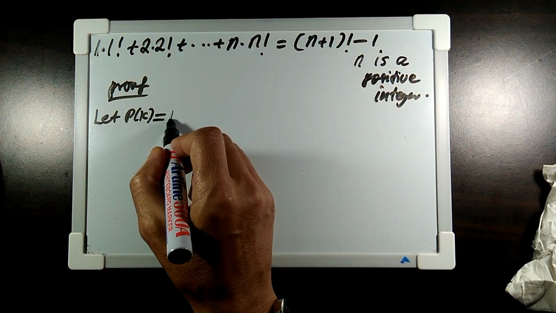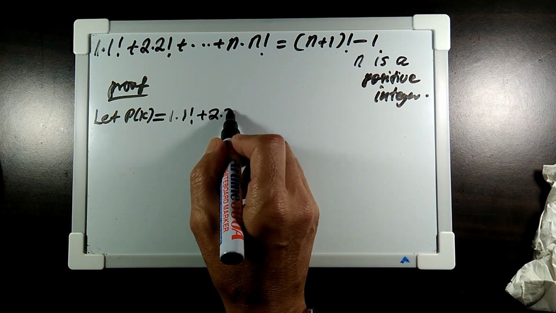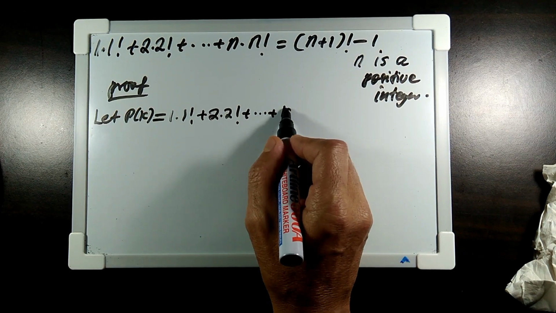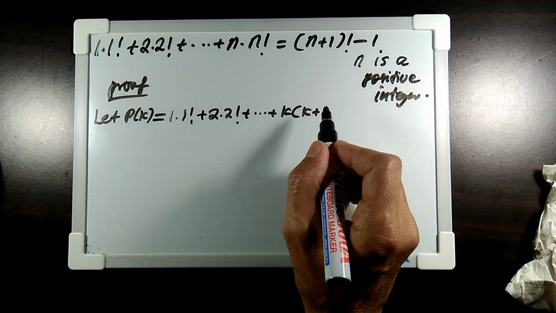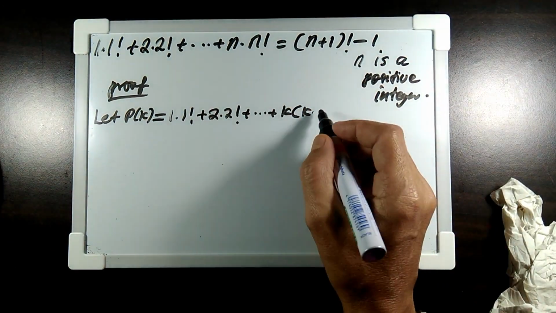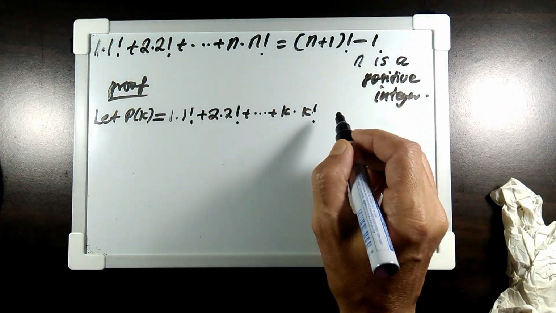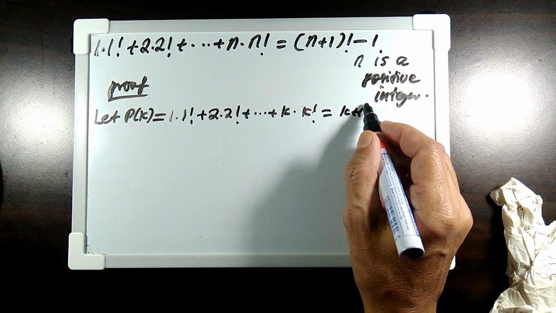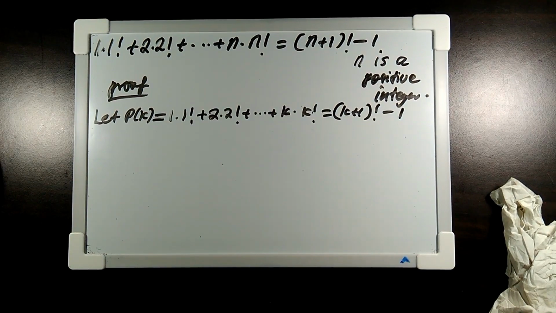So what we have is 1 multiplied by 1 factorial plus 2 multiplied by 2 factorial plus up to k multiplied by k factorial equal to (k plus 1) factorial minus 1.